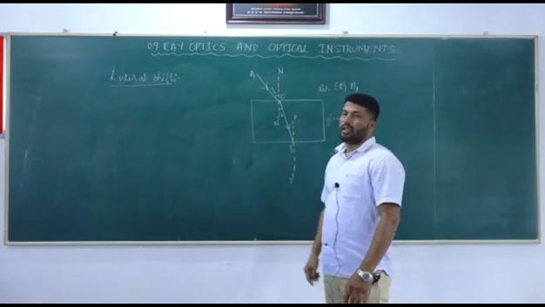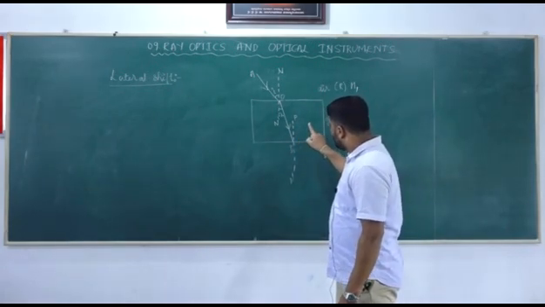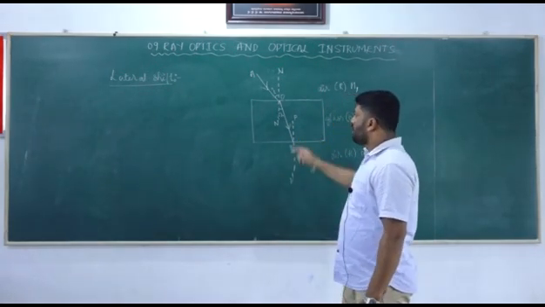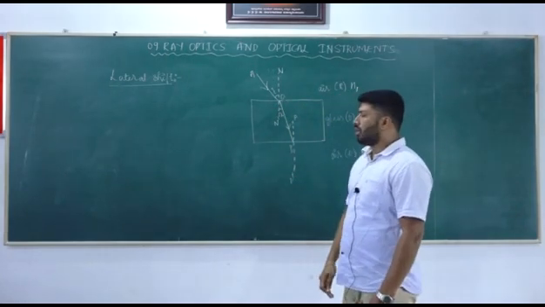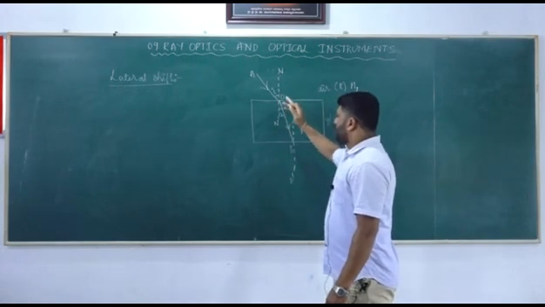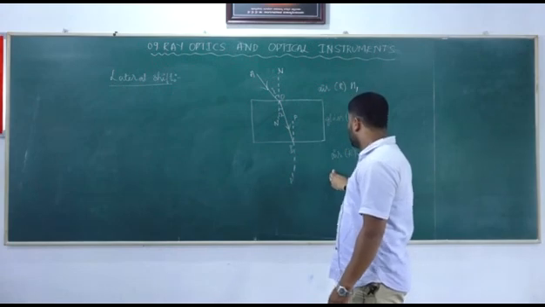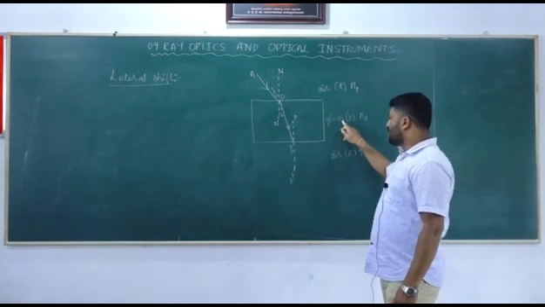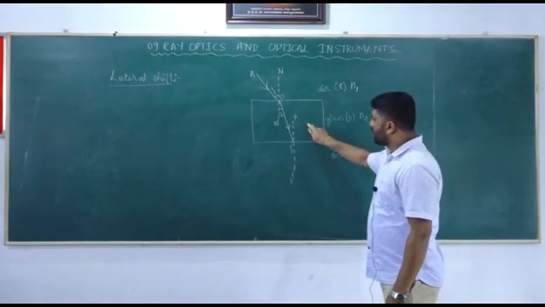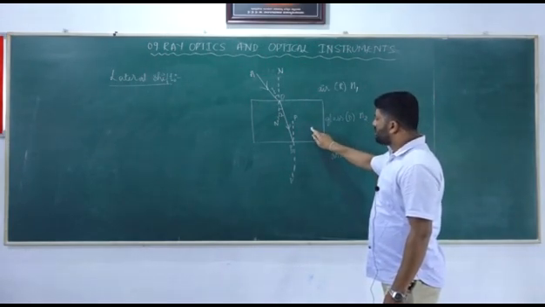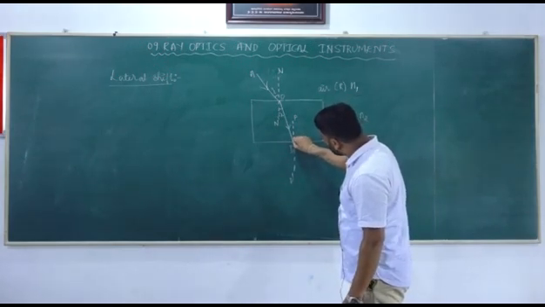N dash is the normal for the first surface. When light travels from rarer to denser medium, it bends towards the normal. Glass is the denser medium and air is the rarer medium. When light travels from glass to air, or denser to rarer medium, it bends away from the normal.